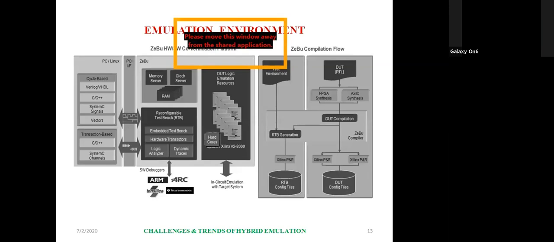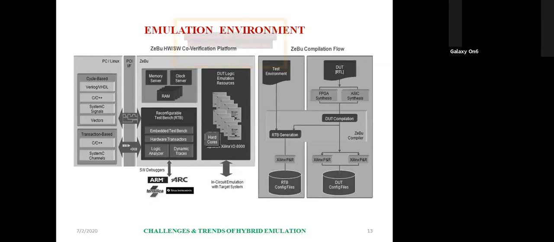So we have then a memory, a clock server with a RAM, and we have a reconfigured test bench, the embedded test bench, hardware transactors, and the logic analyzers and dynamic traces. So different types of spectrum analyzers and oscilloscopes can interact with this for debugging.